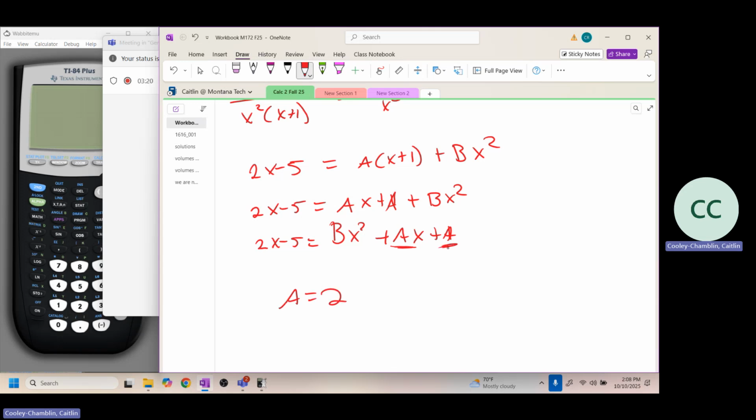The number alone is A, so A equals negative 5. A cannot equal both of these, so this is wrong. Completely wrong.